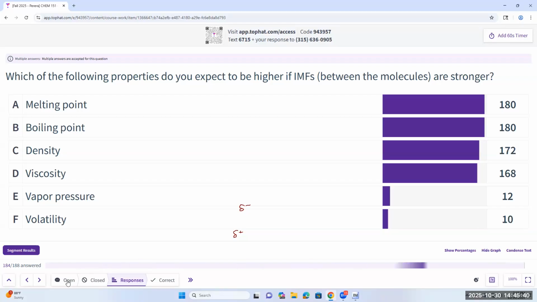Now here's the question for you. You can use AI if you want to do this. Out of oxygen, O2 and N2, which one has a higher boiling point? I want you to tell me which one has a higher boiling point. You can check. By the way, in my class, feel free to use AI all you want.